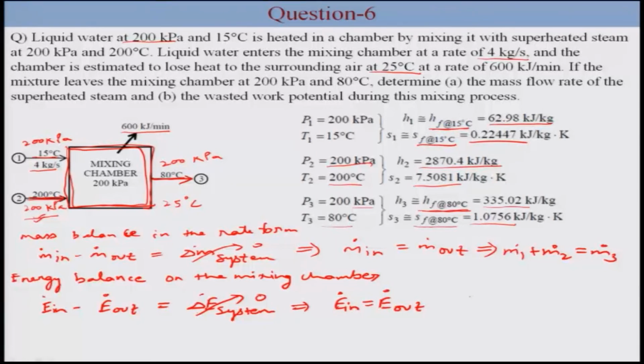So, E in is equal to E out. So, this gives m1 dot h1, which is the enthalpy of stream 1, plus m2 dot h2, which is the enthalpy of stream 2. So, these two are entering. This is equal to E in, and E out is equal to heat which is being lost to the surrounding, plus enthalpy of the stream which is coming out, that is m3 dot h3.